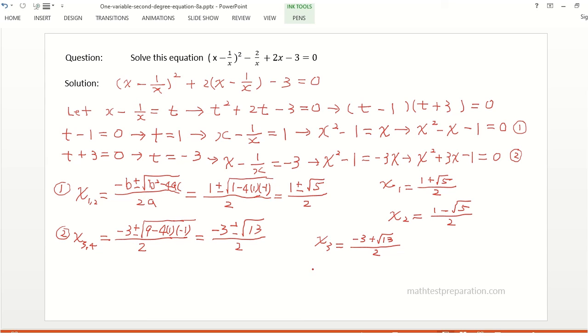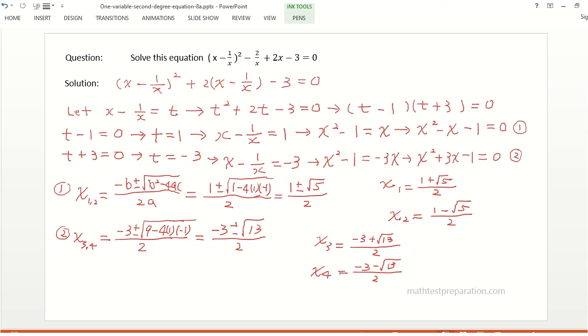We have x4 equals negative 3 subtract square root 13 divided by 2. Now, we substitute x1, x2, x3, x4 into the original equation.